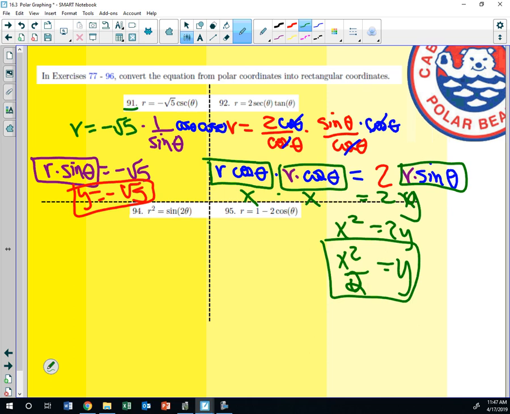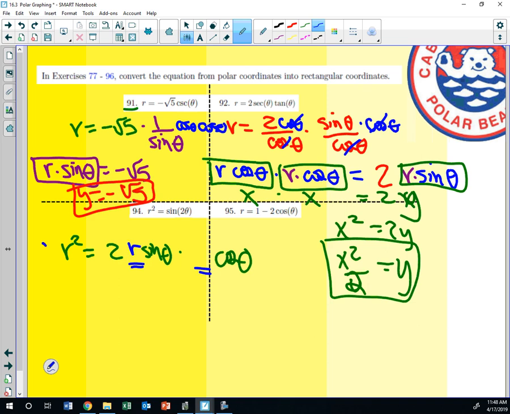I'm going to let you work on these, 94 and 95, but I'm going to start you out here. r squared sine 2 theta is 2 sine theta times cosine theta. What do you want to multiply both sides by to make life easier? What would you like to see here and here? r's, yeah.